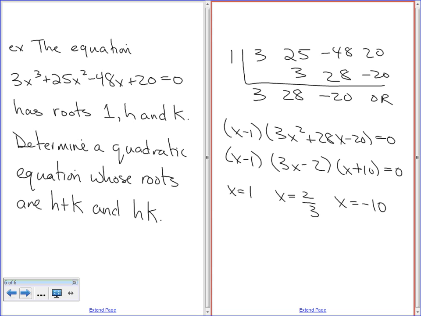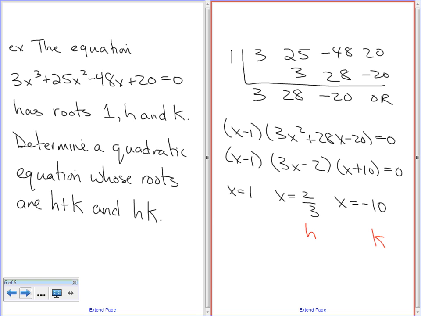Which one's h, which one's k? Yep, it doesn't matter. I'm going to call this one h and that one k. In this particular example, it doesn't matter which one's h and k, because if I take h and k and add them, I get the exact same answer as k plus h, because order doesn't matter when adding or multiplying.